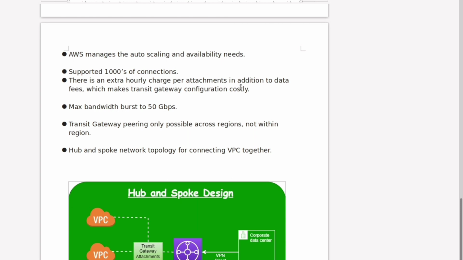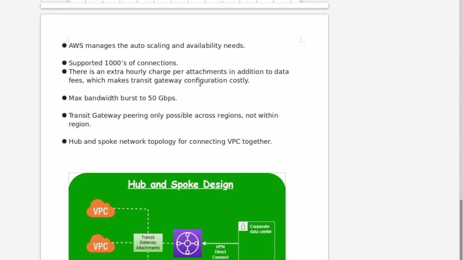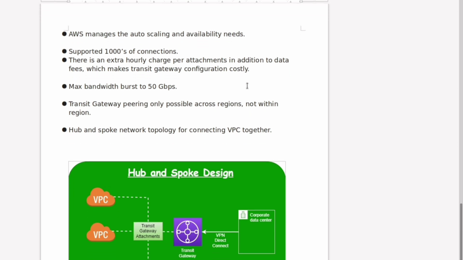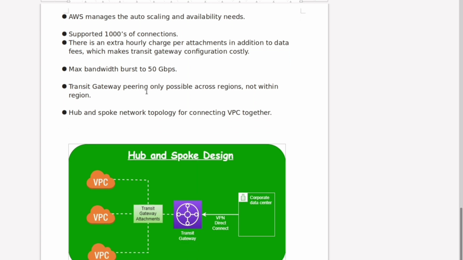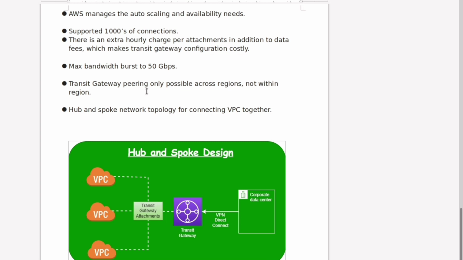The maximum bandwidth bursts to 50 Gbps. Transit gateway peering is only possible across regions and not within a region. It uses a hub and spoke network topology for connecting VPCs together.